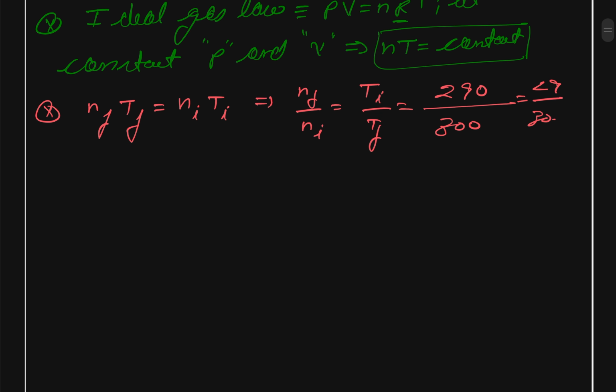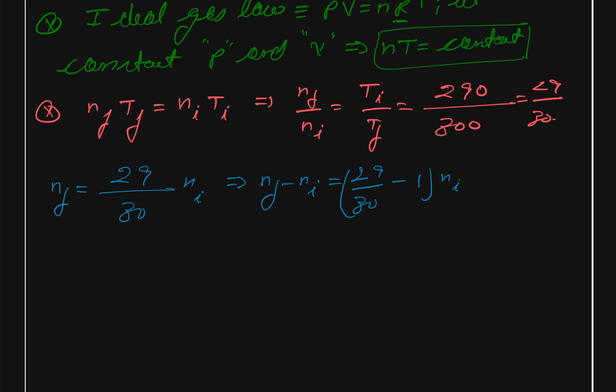So from here we can write that our Nf is equal to 29 upon 30 times Ni, and we are supposed to find out Nf minus Ni. Therefore, we substitute the value of Nf in terms of Ni, giving us 29 upon 30 minus 1 times Ni. So this gives us minus 1 upon 30 times Ni.